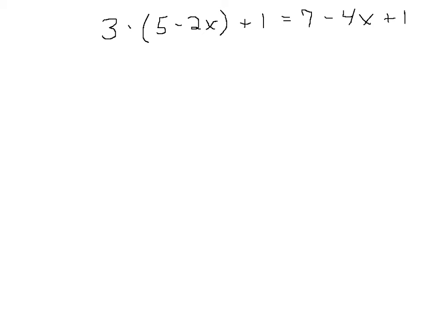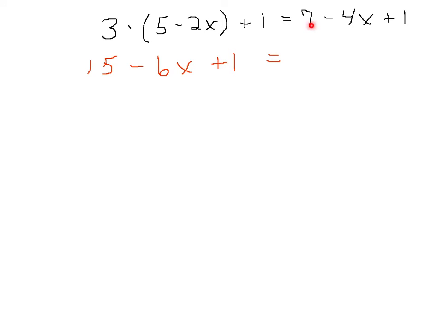Wow, so take a look at this one. Looks pretty complicated. And the big strategy here is simplify each side until it can't be simplified anymore. Then separate your x's and your constants and multiply by the coefficient before the x. So if I do that, I'm going to first go ahead and multiply out on the left, and I get 15 minus 6x plus 1 equals, I can do a little bit here.